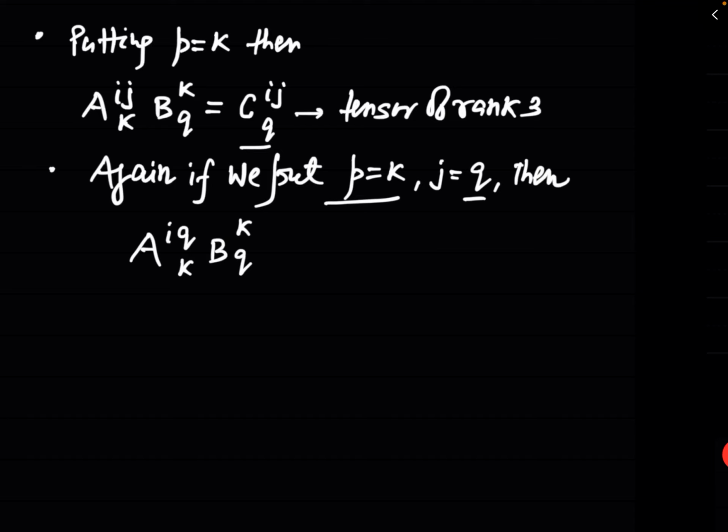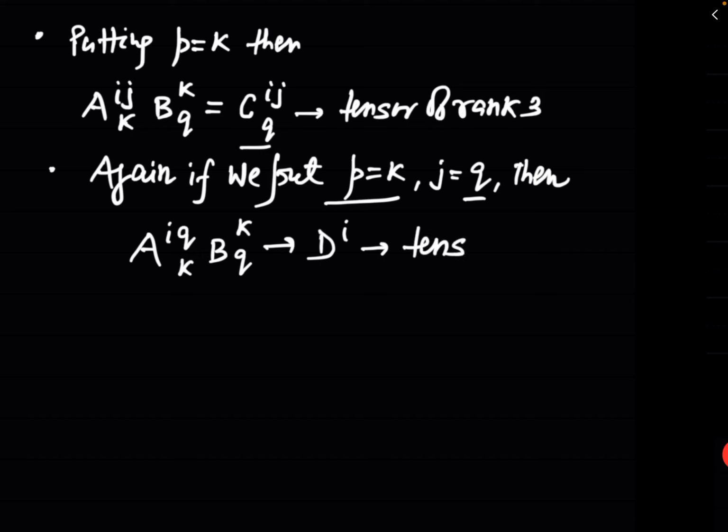Now the repeated indices are K and Q both, so they will be summed over, and so the resulting tensor will be simply D super I, which is a contravariant tensor of rank 1, or you can say contravariant vector.